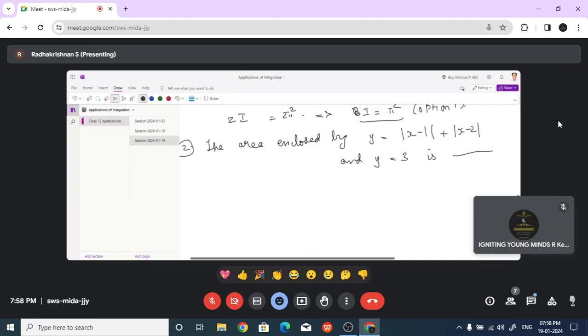So can someone tell me what is the equation in the range x less than 1, that is, minus infinity to 1?